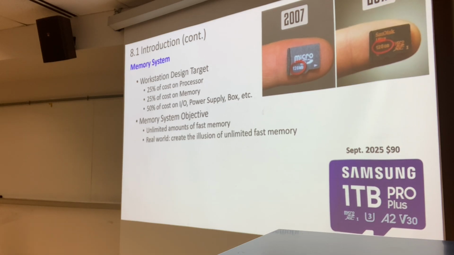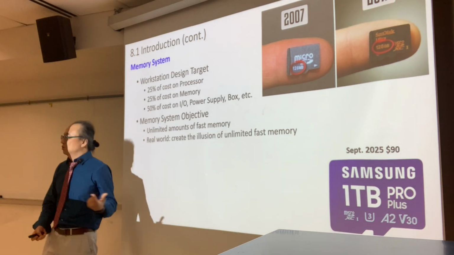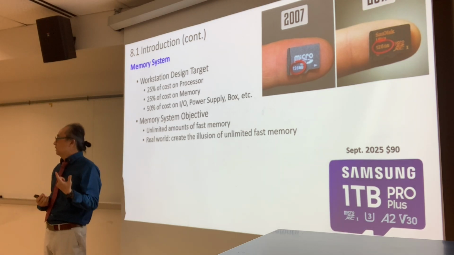It's the trend in the future, especially for the AI era. Memory is going to be a hot topic because we need high performance chips and a lot of data we need to store.